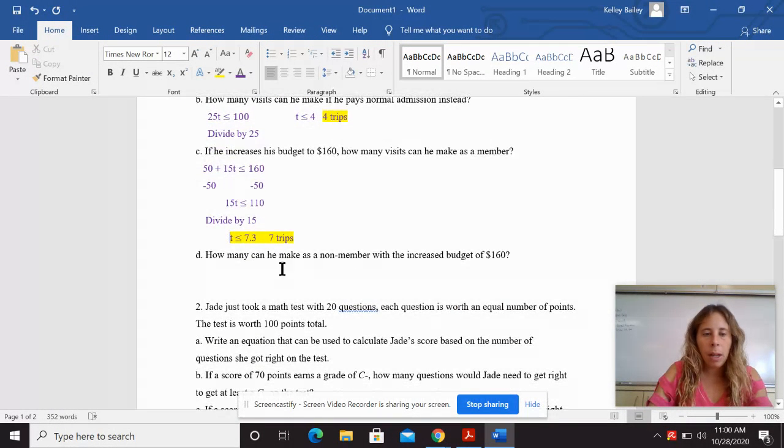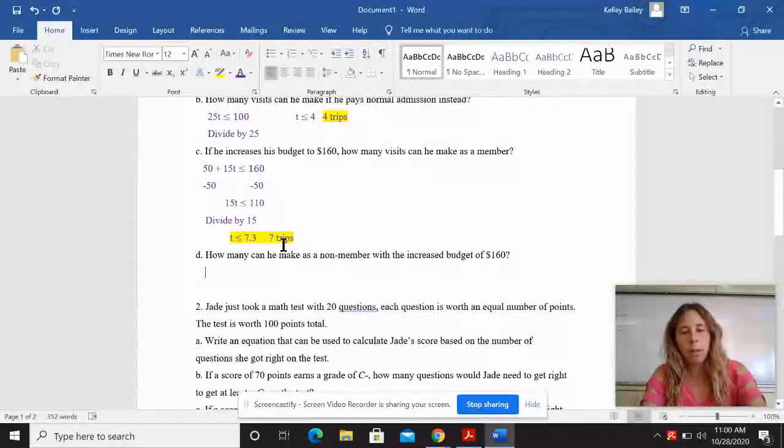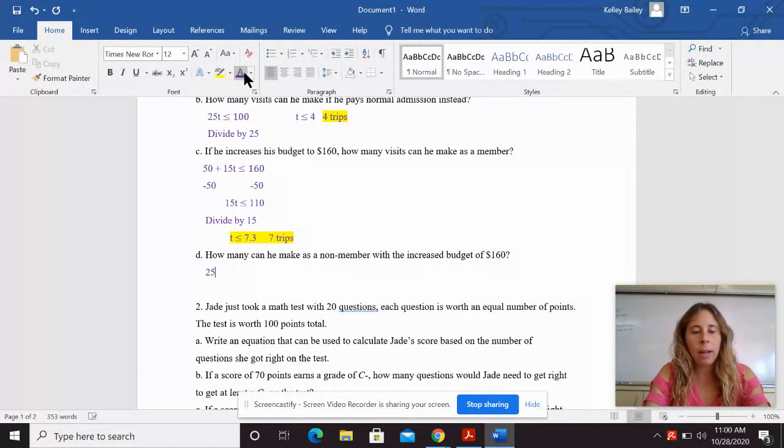Moving right along. How many can he make as a non-member with the increased budget of $160? So now he's a non-member and his budget is $160. Remember, for the non-member price, you don't have to pay the $50 member fee. So it's just 25t is less than or equal to 160 because he cannot spend over $160.